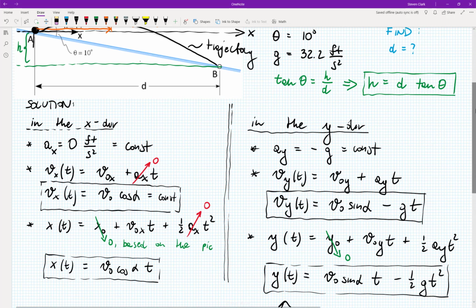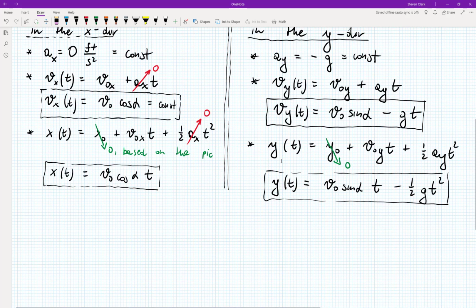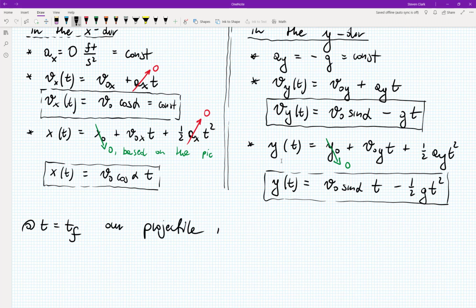so, how would you like to call the time we are at point B, like time final? TF, let's do it. So at TF, at T final, our projectile is at B. So that means that x of TF will be equal to d, and y of TF will be equal to what?